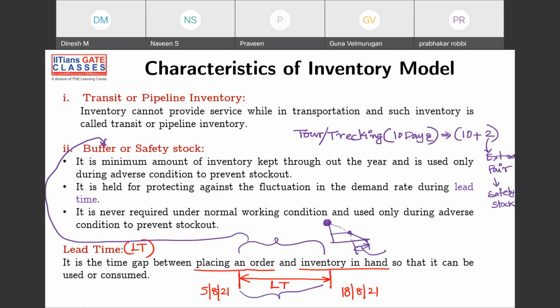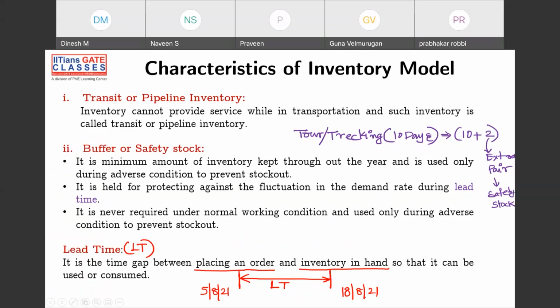That's the reason why you use buffer stock in this kind of time, that is lead time. Okay. Yes. Fine. So that is how you are carrying this safety stock with you, so that you don't get the stock out condition. Even if you get a stock out condition, safety stock will be used accordingly, right? So that is the definition for safety stock, and that is the definition for lead time.